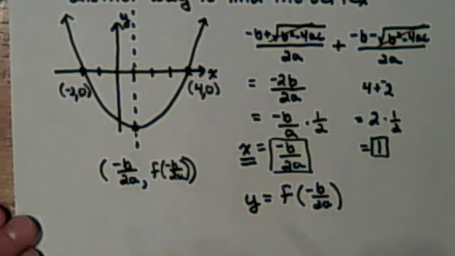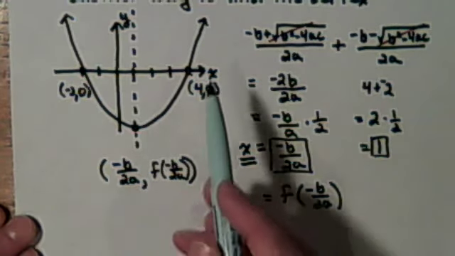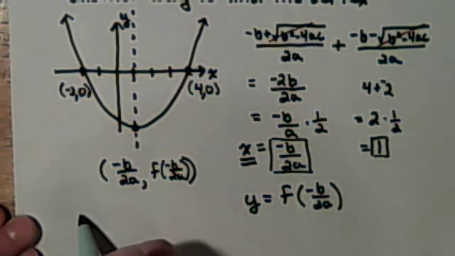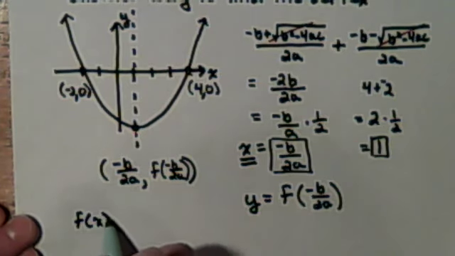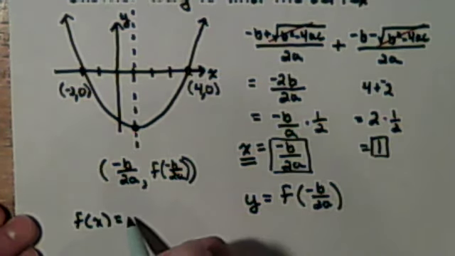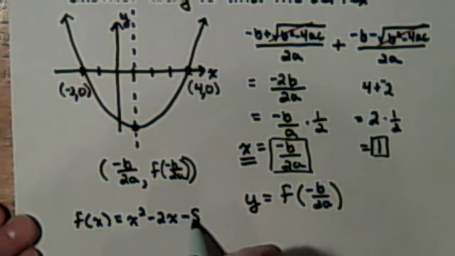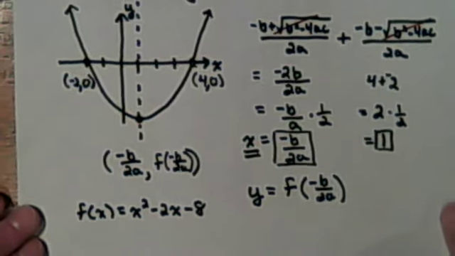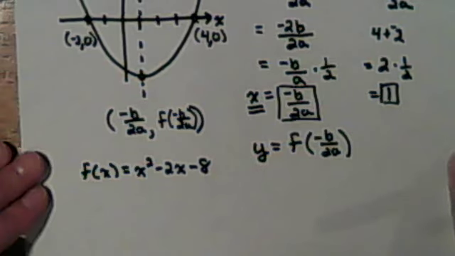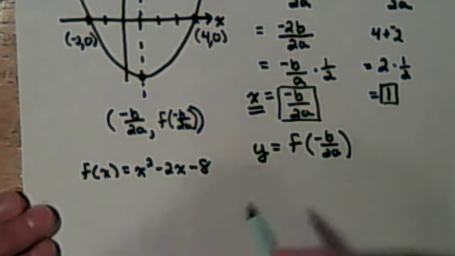So now let's take a look at the function that I actually did graph here. What I graphed was f(x) = x squared minus 2x minus 8. So let's see if we can use our little formula here to find the vertex.